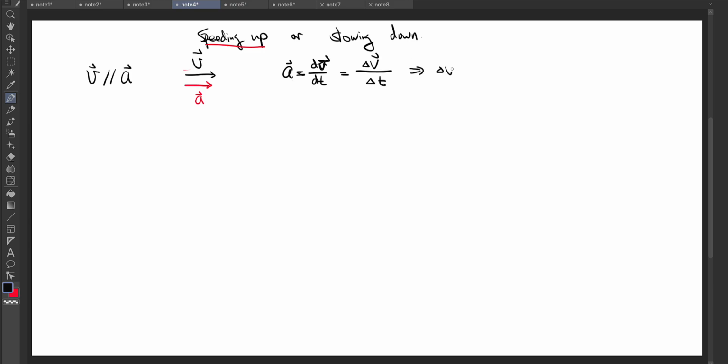So delta V equals A times delta T. We're looking at some tiny delta T. Okay, so we have that. And then delta V here is V final minus V initial.